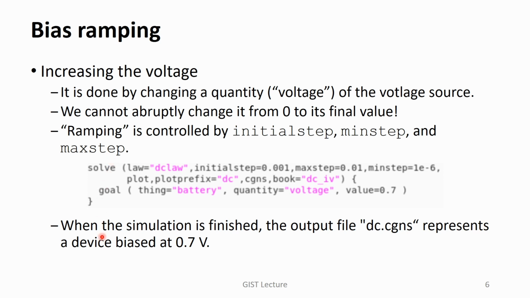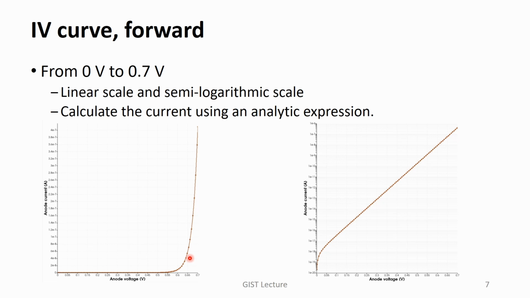When the simulation is finished, the file dc.cgns represents a device biased at 0.7 volt. The IV curves when the voltage is changed from 0 volt to 0.7 volt are shown below.